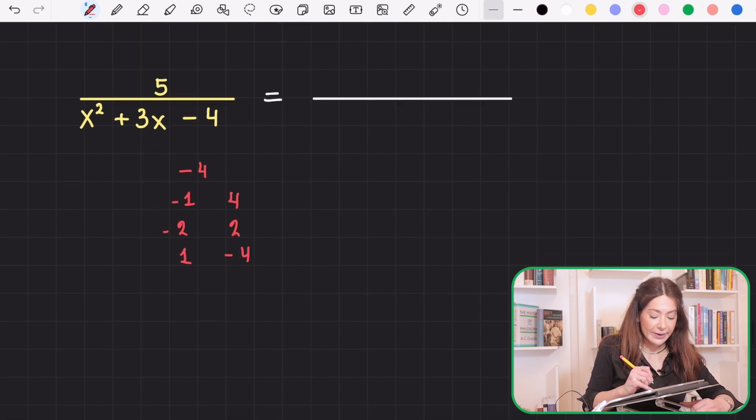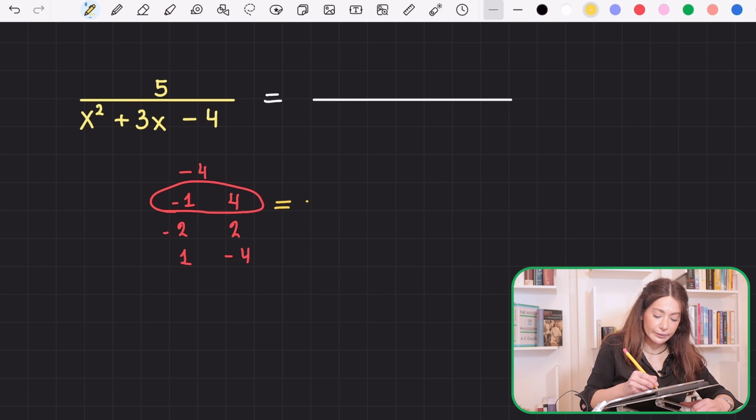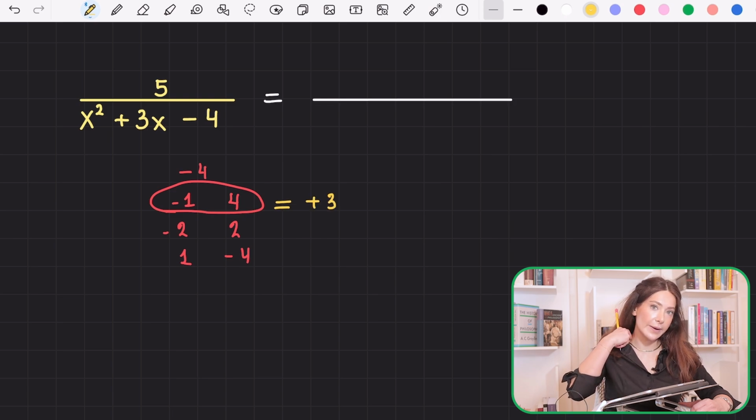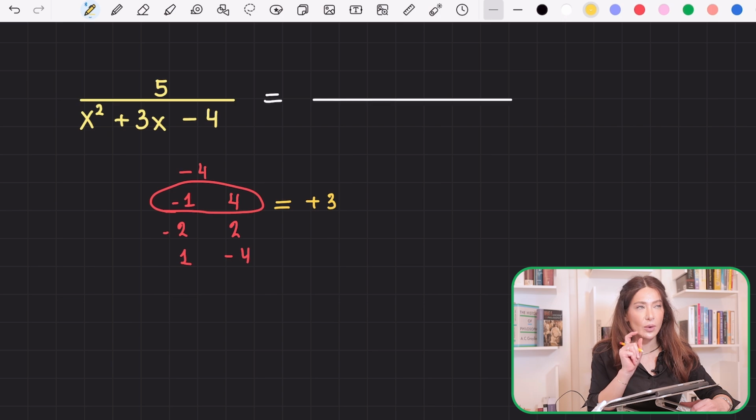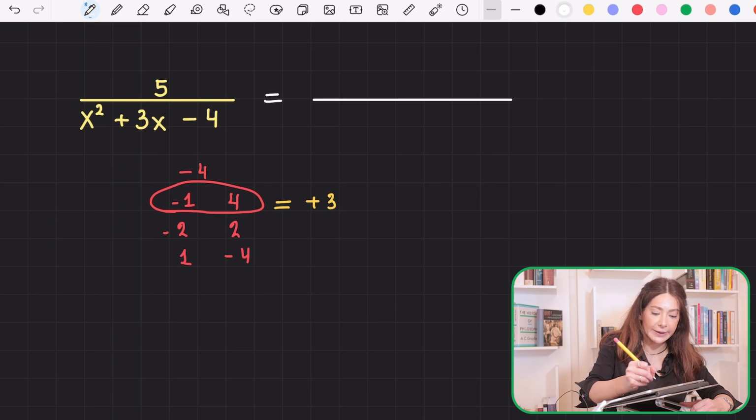That also add to +3. Okay, that's the question. What two numbers multiply to -4 that also add to +3? Include in your question the signs of this term as well as that term, so you don't make a mistake.